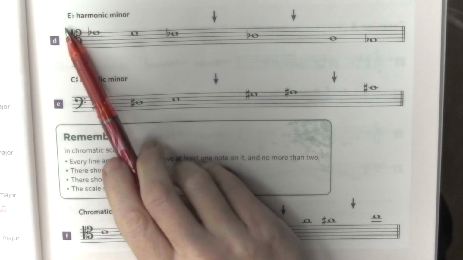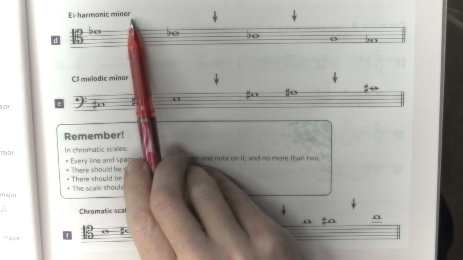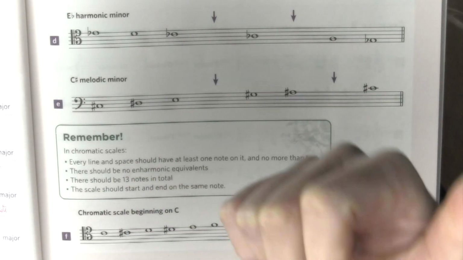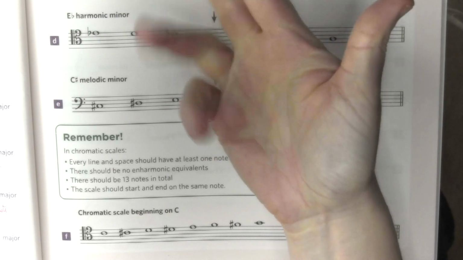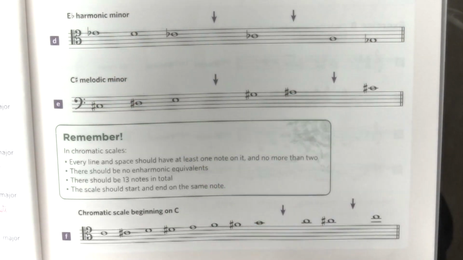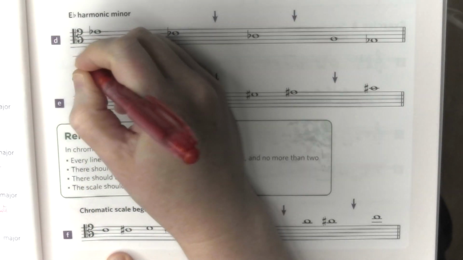Let's move on. E flat harmonic minor. E flat minor is the relative minor of G flat major. Let's count the number of flats first. Si, Mi, La, Re, Sol, Do. So 6 flats. This is in tenor clef, which means treble clef -1.